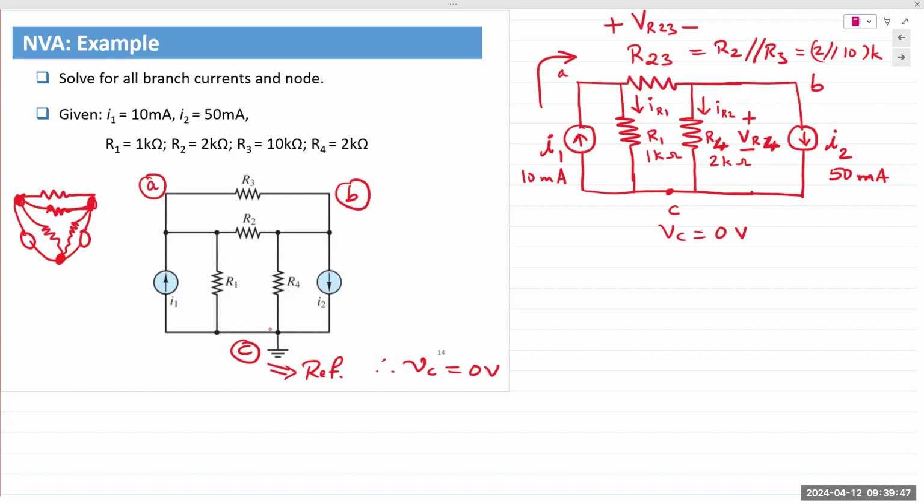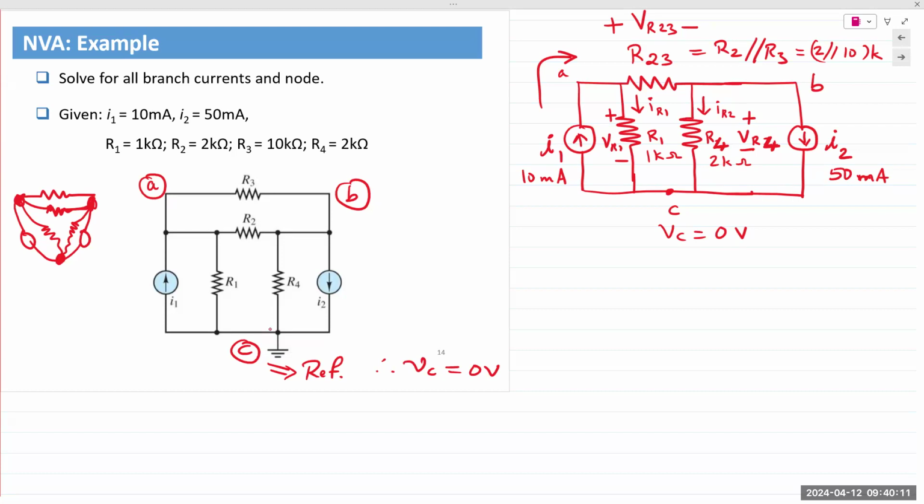Okay, let's see. Do I have everything? I have VR4, VR23, VR1 should be here, polarity plus up top, minus at the bottom. So let's do a recap. I identified all the nodes, A, B, C. I chose a reference node, so VC, voltage at C, is equal to 0.